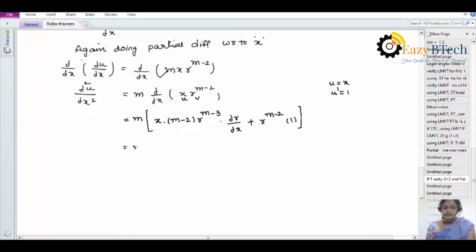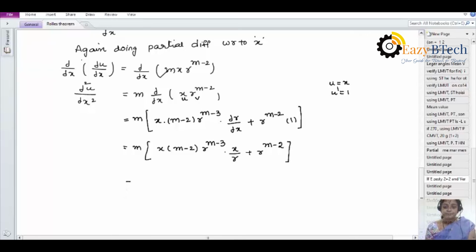Then m into x into m minus 2 r power m minus 2. So what is the value of dou r by dou x, students? Yes, correct. That answer is x by r only. So very nice, students.